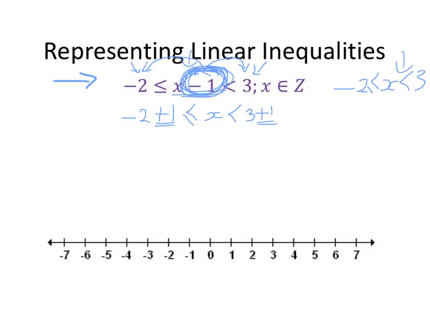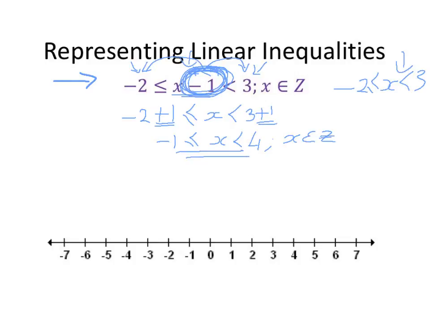So now I've got just very simple, negative 2 plus 1 is negative 1, simplified. And 3 plus 1 is 4. So now what I've got is x is greater than or equal to negative 1, less than 4, and we said it's the element of integers. And this I can plot on a number line.